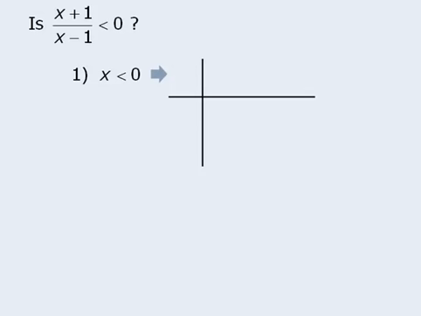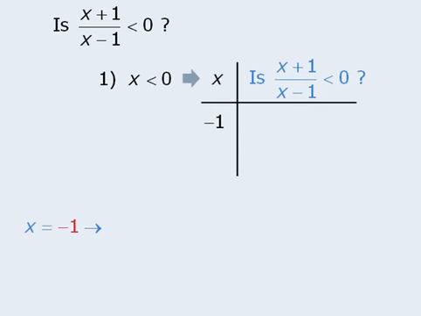So we'll choose values for x such that x is less than 0. Then using these values, we'll ask our target question, is (x + 1)/(x - 1) less than 0? Okay, what's a nice number to start with here? Keep in mind that x must be less than 0, so we cannot plug in numbers like 0, 1, and 10. Well, how about -1?